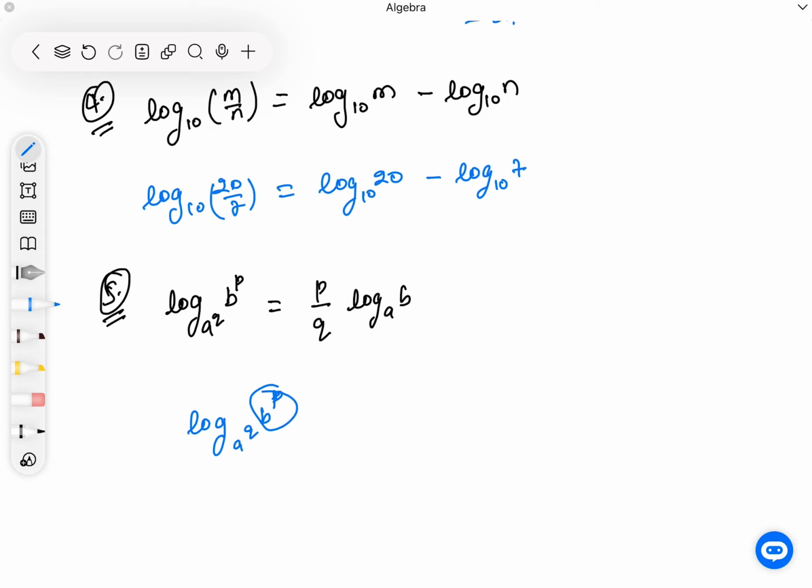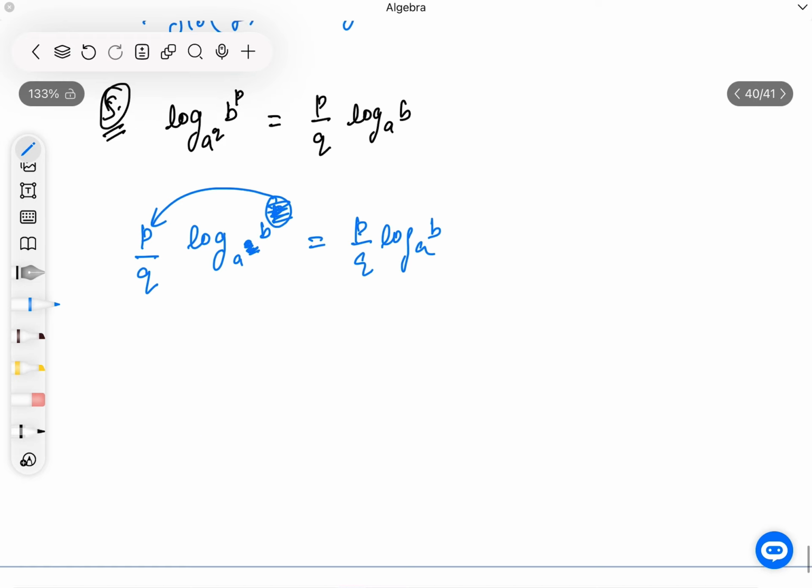The number for which I was trying to find the log, whatever power it was having, I took it in front of the log and wrote it in the numerator. But whatever power the base was having, I wrote as the denominator. So this became p upon q log of b with a base of a.